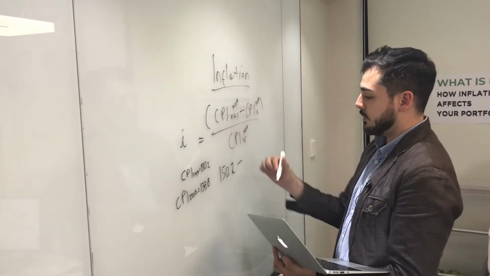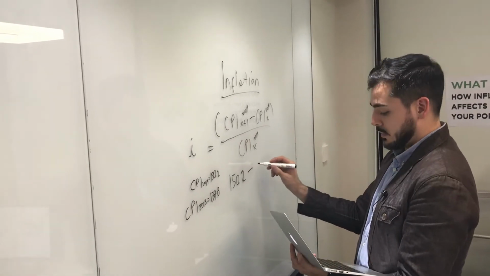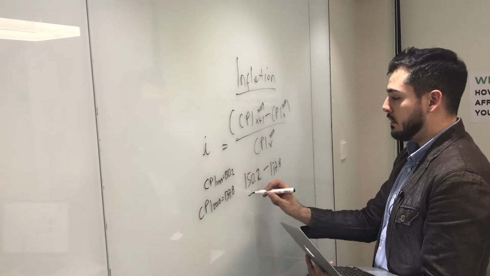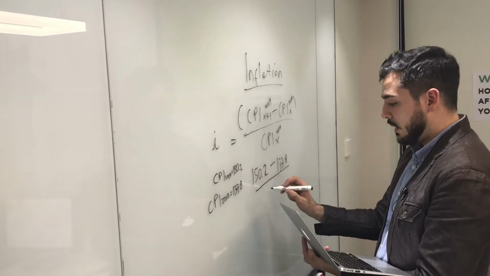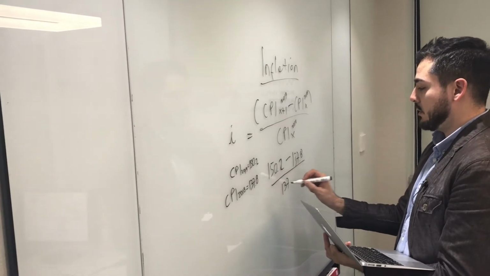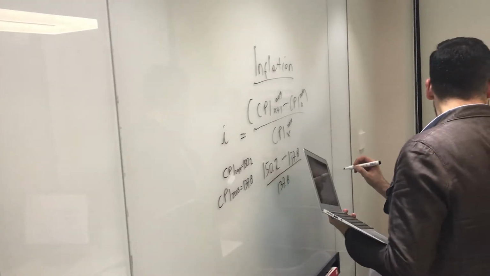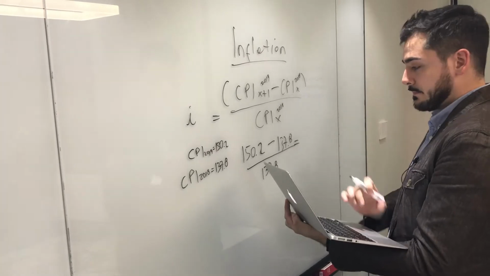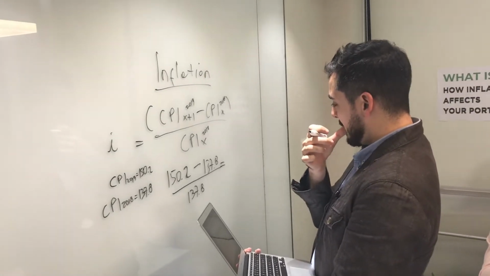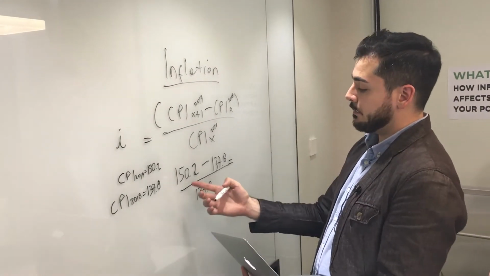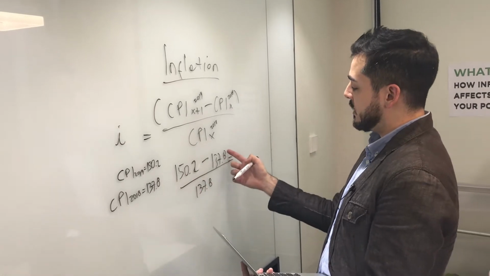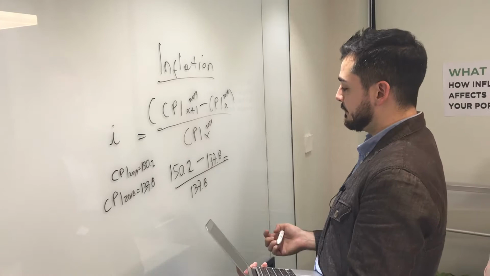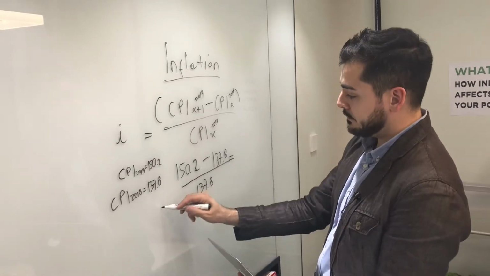So we use the formula: 150.2 minus 137.8, divided by 137.8. Can you help me, Ray, to calculate this one? The previous year divided by the previous year, so we can see the change in 1 year. 0.0899.